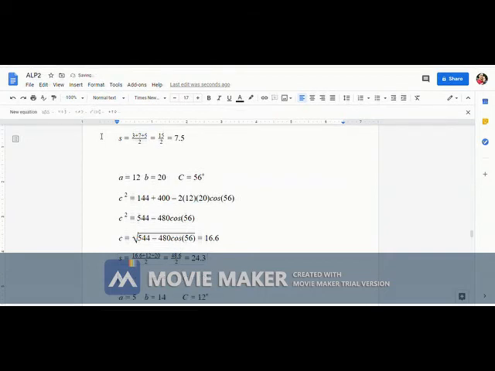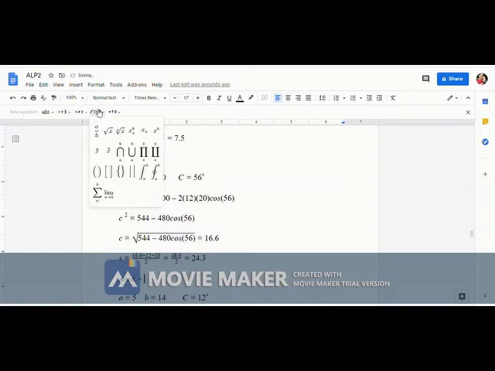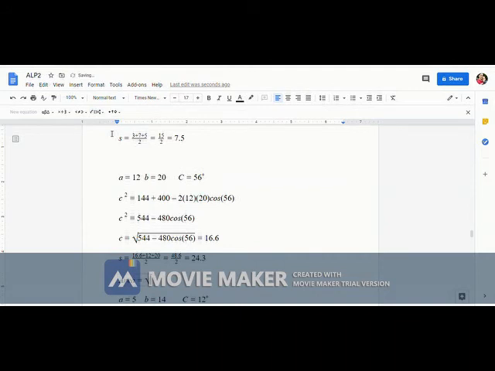Okay, now we can use that. The area equals the square root of S times all those other terms: 24.3 times 24.3 minus 16.6, times 24.3 minus 12, times 24.3 minus 20.